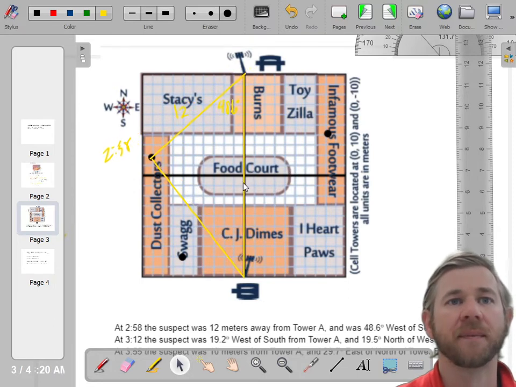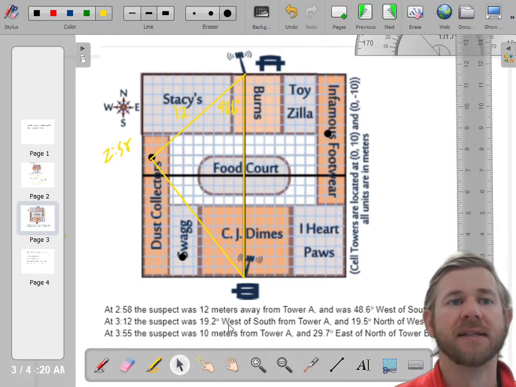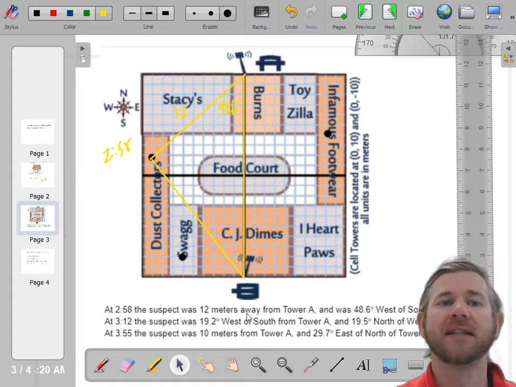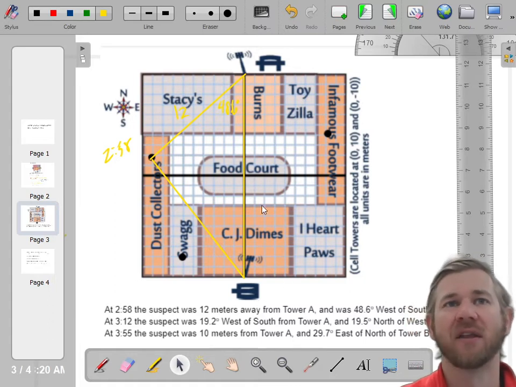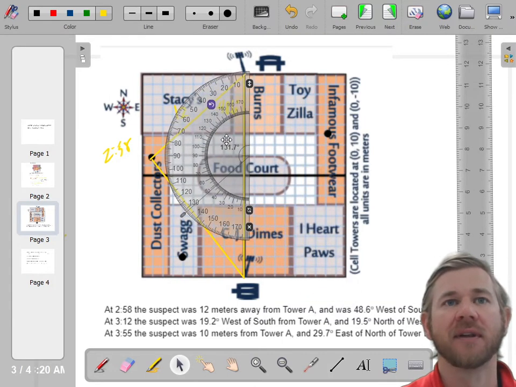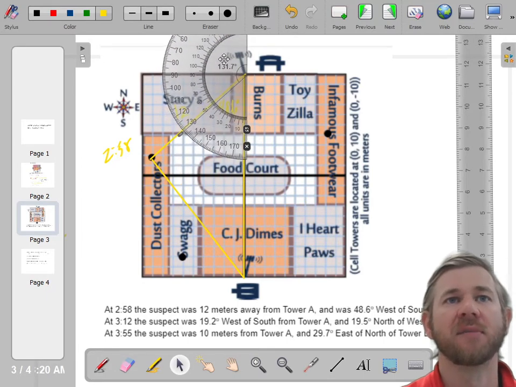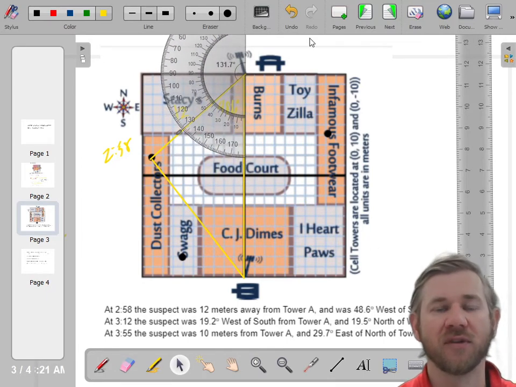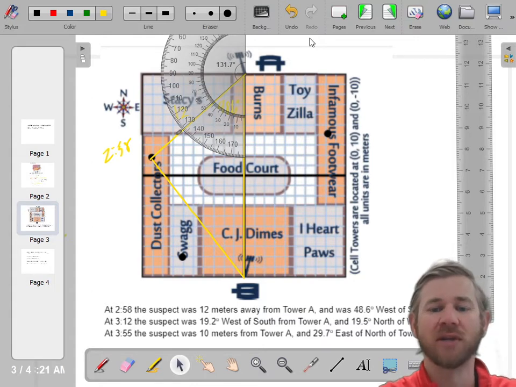Okay, one down. Now let's do the other two. It says at 3:12, they were 19.2 degrees west of south from tower A. So again, west of south means I'm going to take my protractor and make it run north-south like this. And I'm going to put the spot here because that's where my angle is going to be from. And now it's 19.2 degrees.